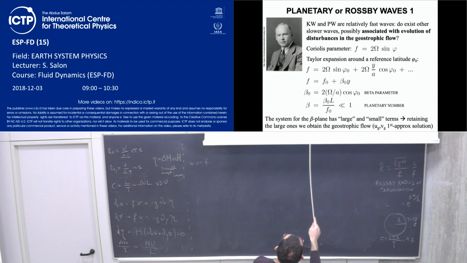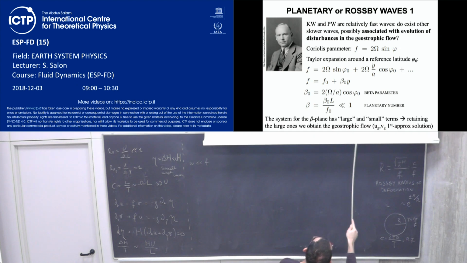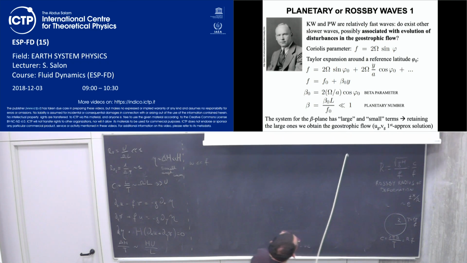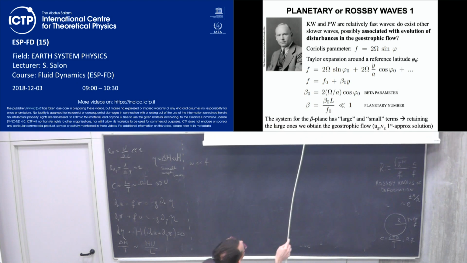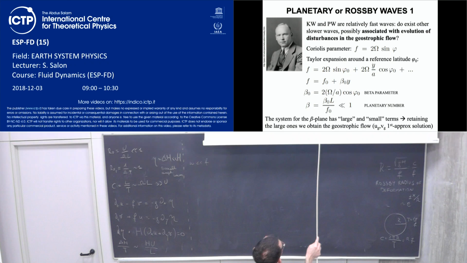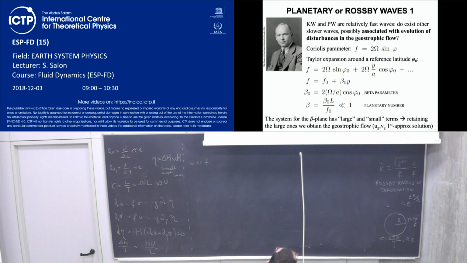So I'm considering that f is equal to f0, the value of the Coriolis parameter at the latitude phi0, plus a term which is much smaller than this one, because it scales with a, the radius of the Earth, and depends on the cosine of the latitude. That's why I call a new parameter beta0, the beta parameter, which scales like 2 omega over a cosine of phi0. And I can write f as the sum of f0 plus beta0 y.